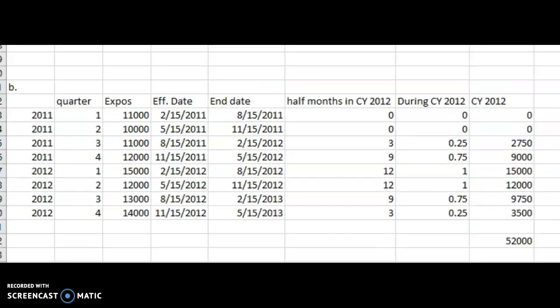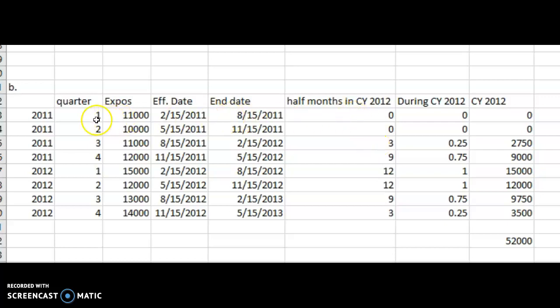In part B, it is similar to part A, but it is a 6 month policy, so the end date will be 6 months after the effective date. Next, we want to calculate the proportion of each policy in 2012.